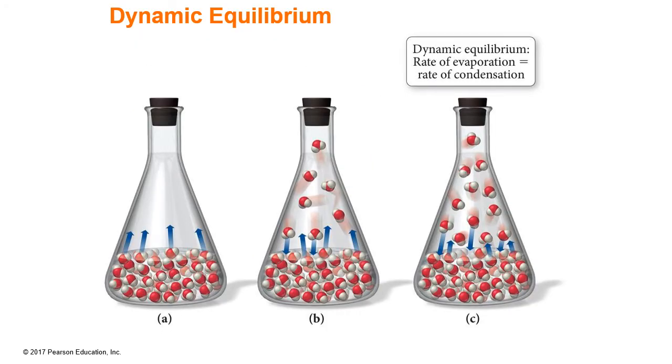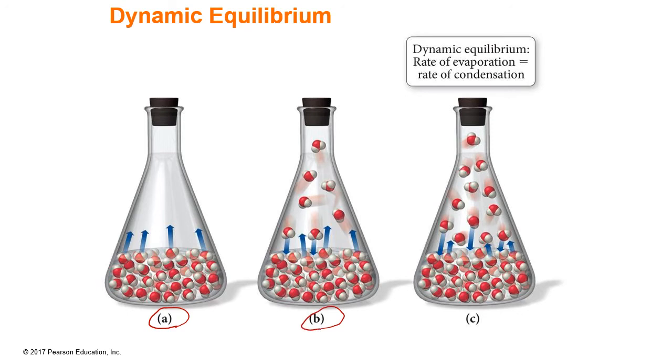In order to continue our conversation about boiling point, we are going to have to address equilibrium. So equilibrium has to do with the changes that are occurring in our container. In this case, in flask A, our molecules at the surface are just beginning to vaporize into the empty space above.